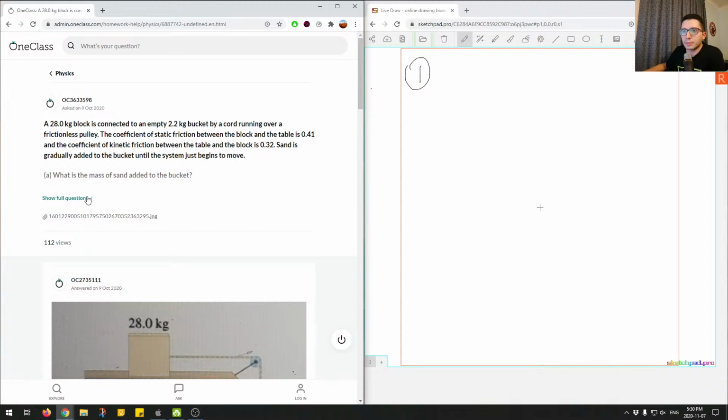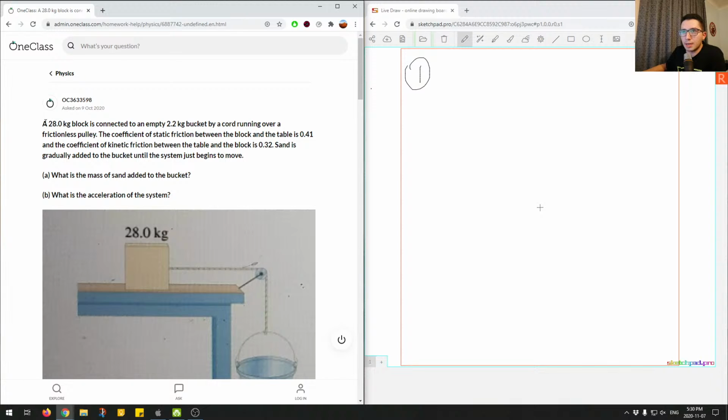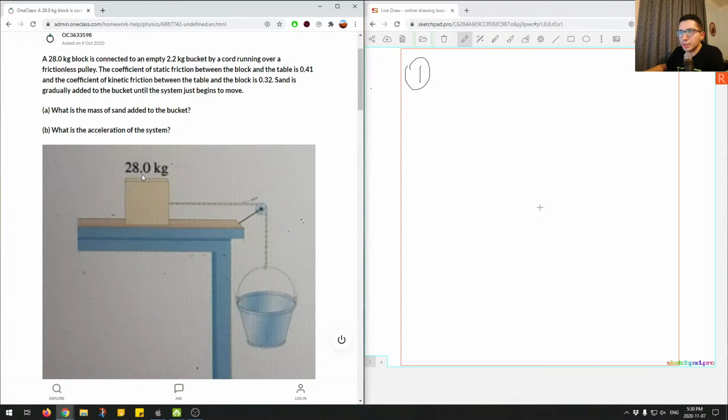Okay, so question 1 says a 28 kilogram block is connected to an empty 2.2 kilogram bucket. So we have a block which is 28 kilograms, and then we have the bucket which is 2.2.